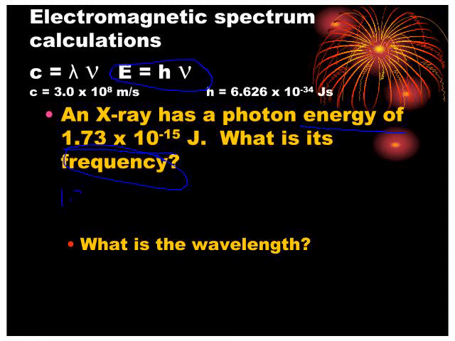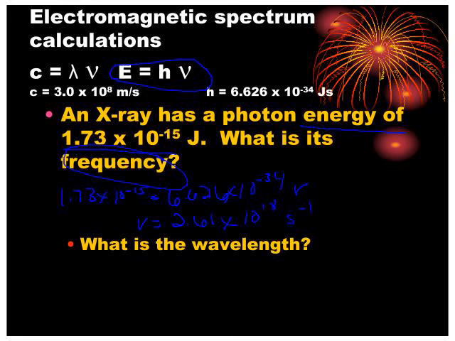I'm going to substitute in my 1.73 times 10 to the negative 15 is equal to the 6.626 times 10 to the negative 34. And frequency is what we're looking for. By solving it algebraically, just like you would in math class, we find that the frequency is 2.61 times 10 to the 18th.